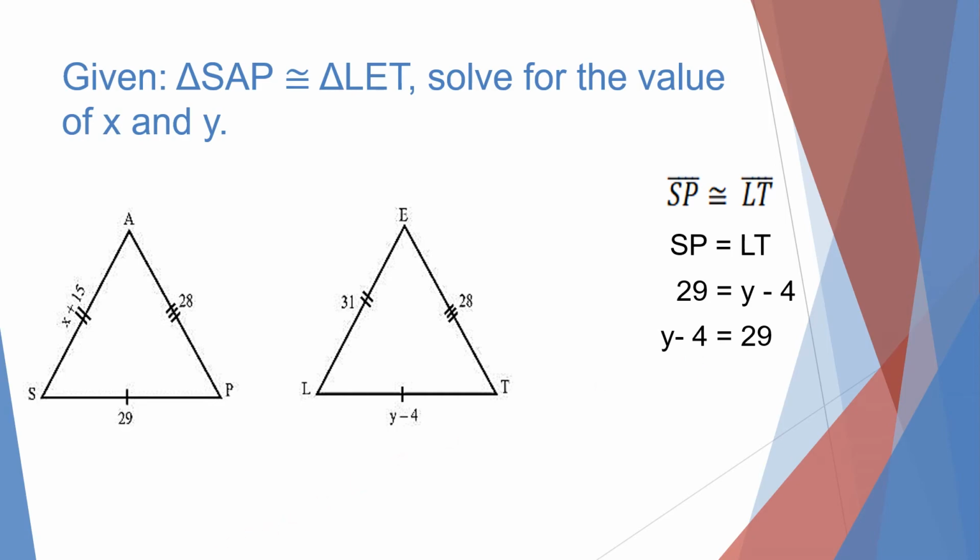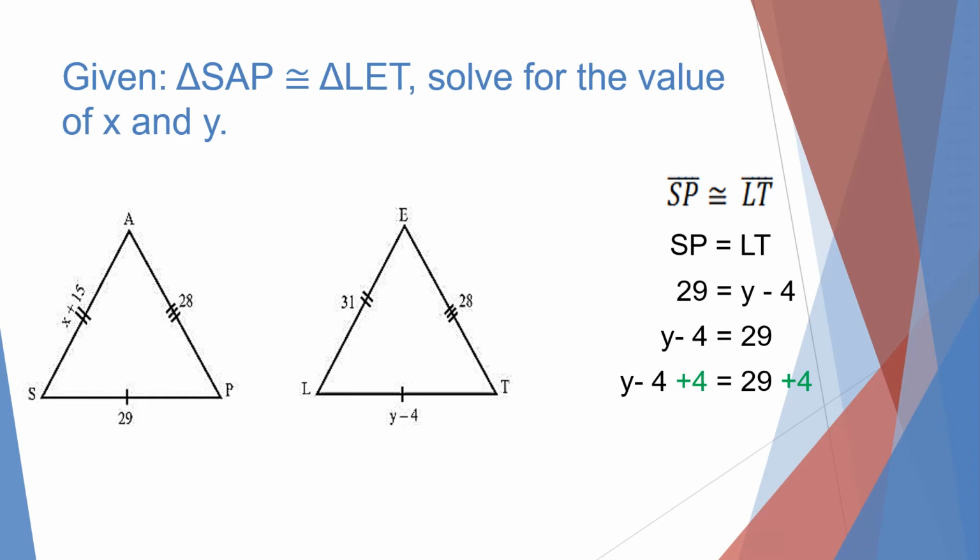The opposite of minus 4 is plus 4. So, this time, we need to add 4 in both sides of the equation. Okay, that's why we have y minus 4 plus 4 is equal to 29 plus 4. Ngayon naman, ang ating in-apply ay addition property of equality since nag-add tayo. Nag-add tayo sa left ng 4, kaya mag-a-add din tayo sa right ng 4.